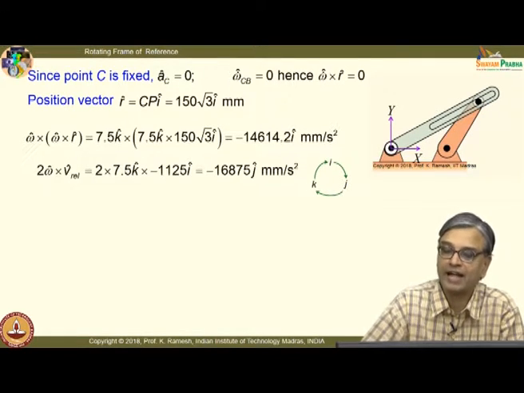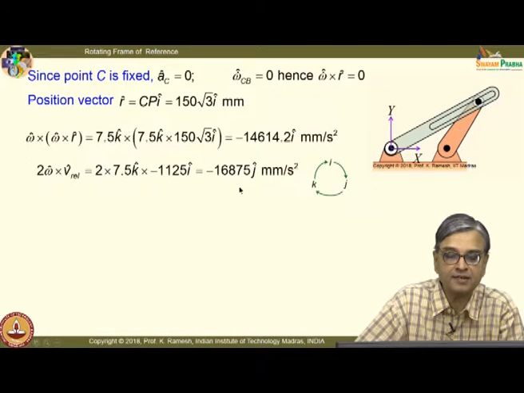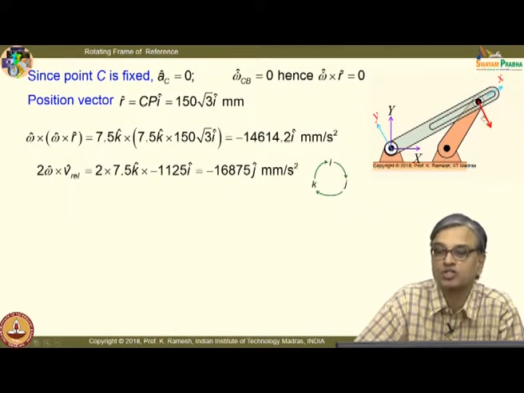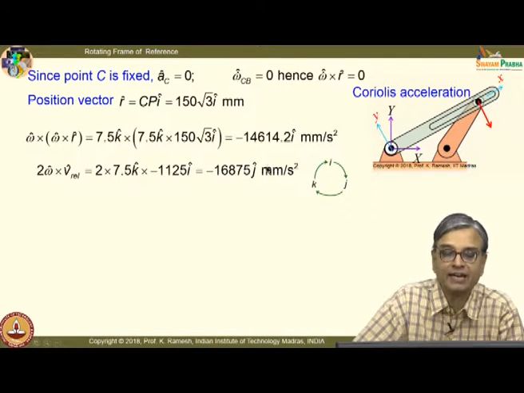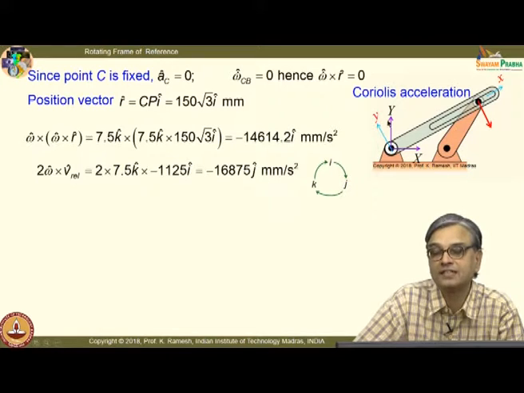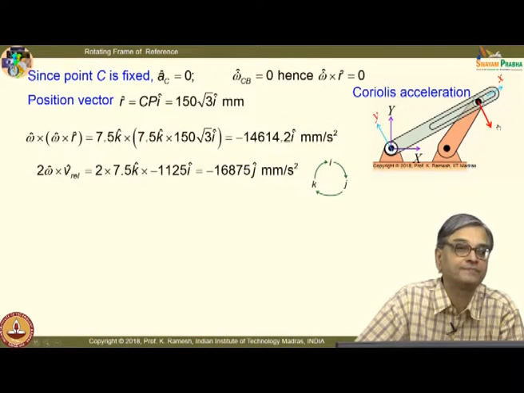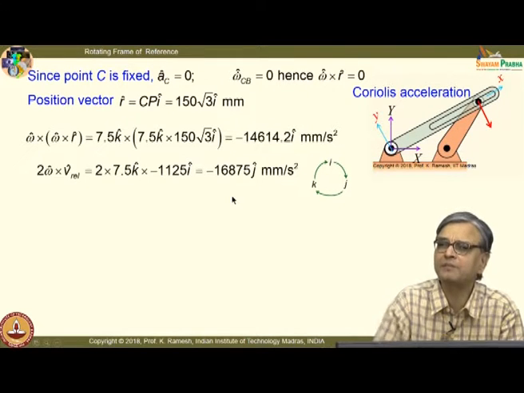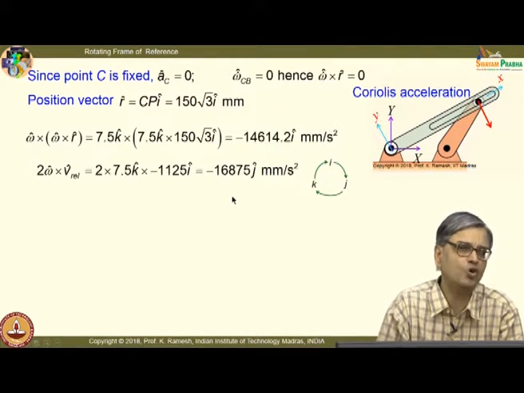Okay. So, I have this, the point A is like this, and if I interpret this and put the Coriolis acceleration, this is perpendicular to the slot and this is in the negative direction of j. So, this is the direction of Coriolis acceleration, which is very clear from the mathematics, no difficulty at all.